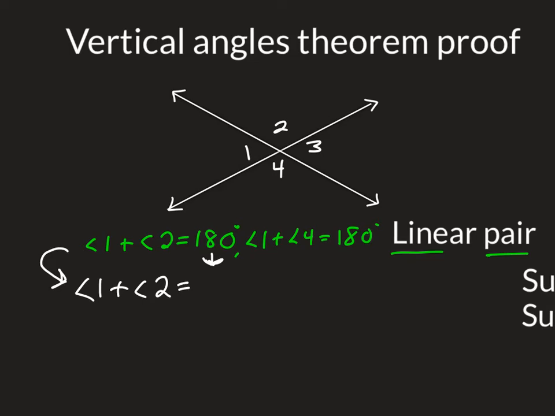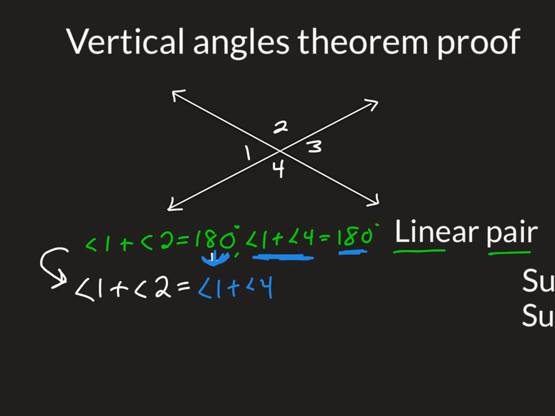Something equivalent to 180 is angle 1 plus angle 4. So I'm going to write angle 1 plus angle 4. And what's a good reason for that? I replaced something equivalent, so I used substitution.